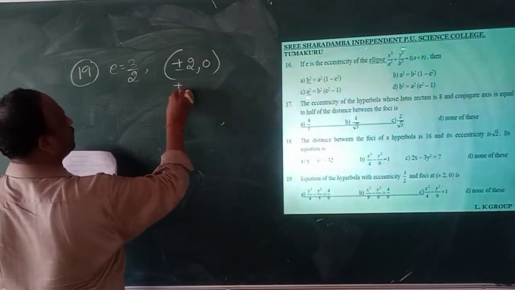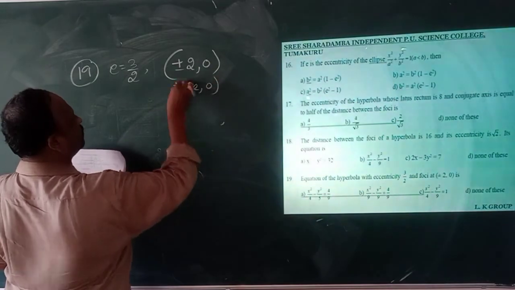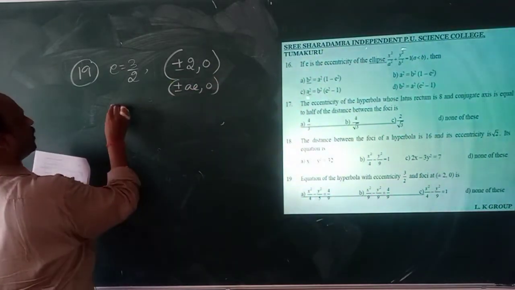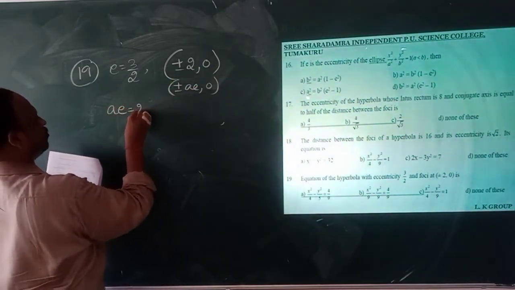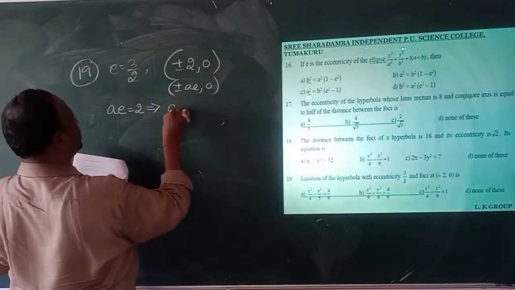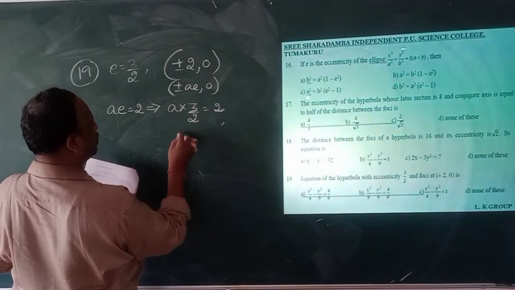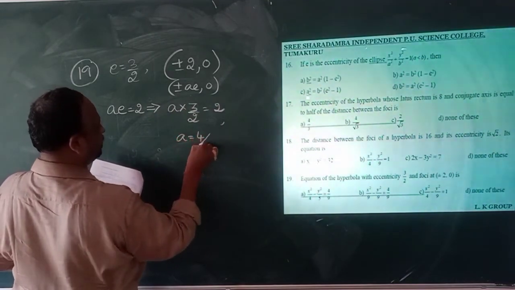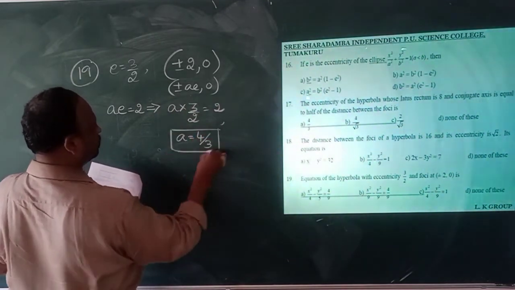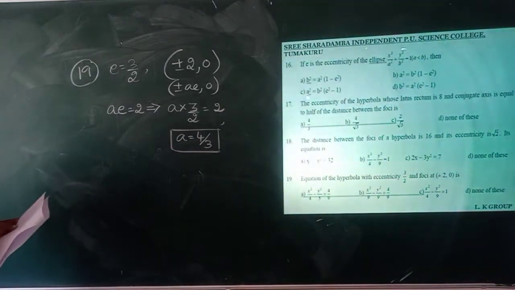So plus or minus ae, 0. So now you will get ae is equal to 2, which implies a into 3 by 2 is equal to 2. a is equal to 4 by 3.